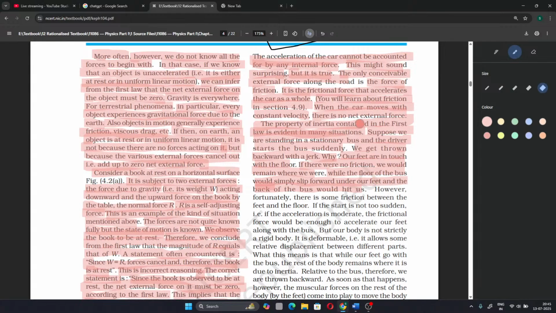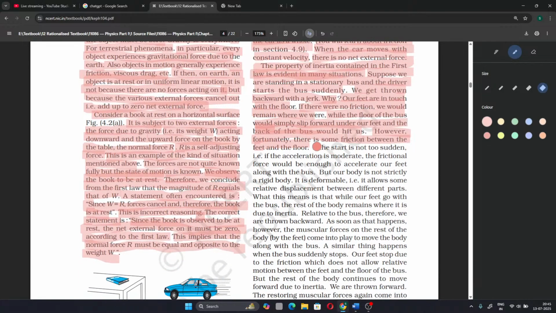Basically, when we are standing in a bus and the bus suddenly picks up speed or starts from rest and accelerates, we jerk backward. This happens because, fortunately, there is some friction between our feet and the floor.